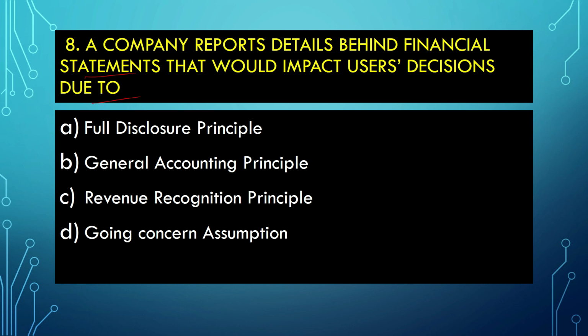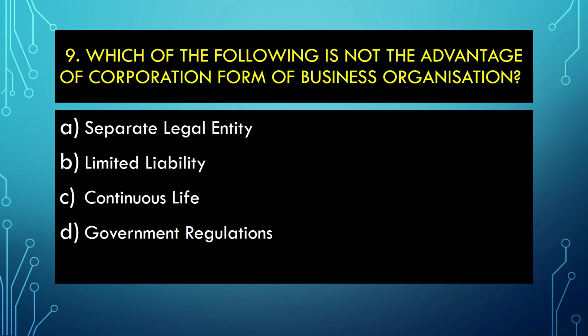This happens because of the full disclosure principle, which says that a business should disclose all the relevant information of the business, and if it is not possible to show it in the financial statement, it should be shown additionally as a note in the annual report. Therefore the correct option is the full disclosure principle.